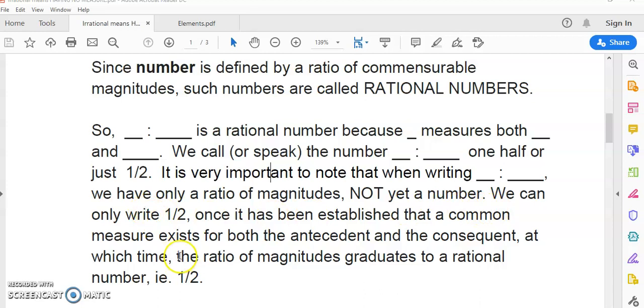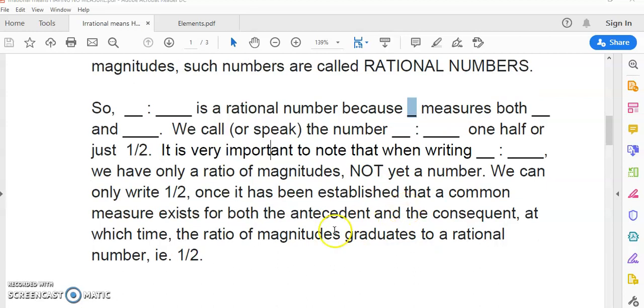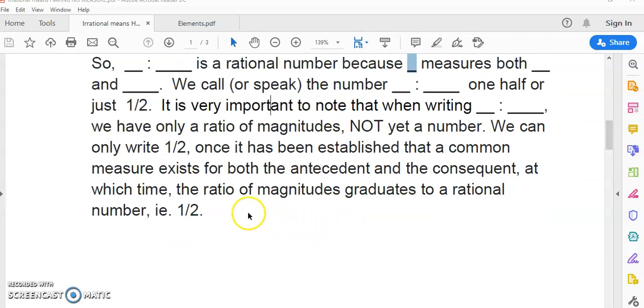So we can only write a half once it has been established that a common measure, this common measure here, exists for both the aliquot parts, in other words, the antecedent and the consequent. So now, at which time this ratio of magnitudes that you see where I'm pointing up here graduates to a rational number. Okay, so we could write 1 over 2.